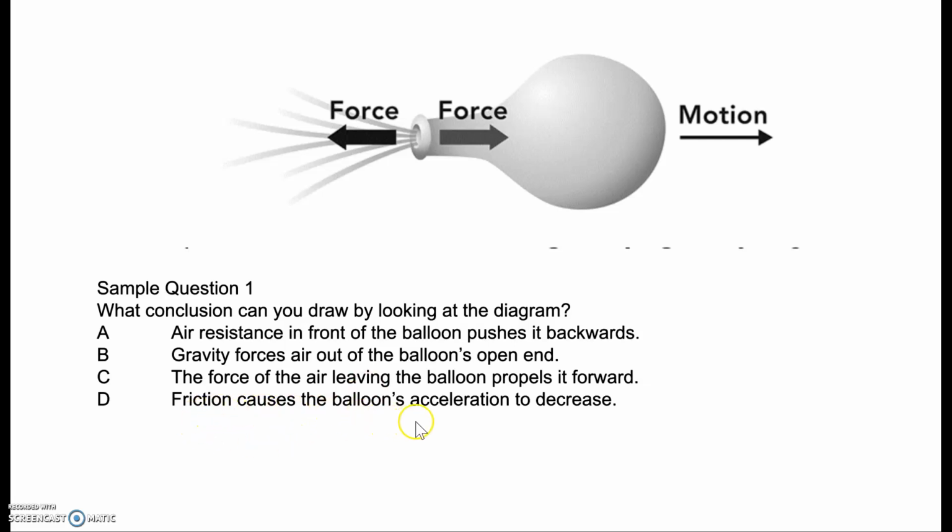Friction causes the balloon's acceleration to decrease. I don't understand that at all. Have no idea what that answer is. So I'm going to say it is C based on the picture and the force of the air leaving the balloon, and I see that it moves forward.